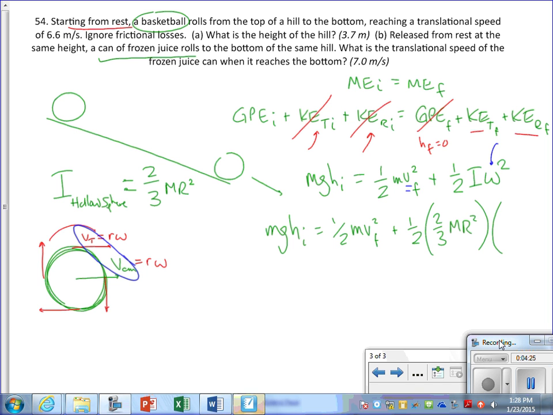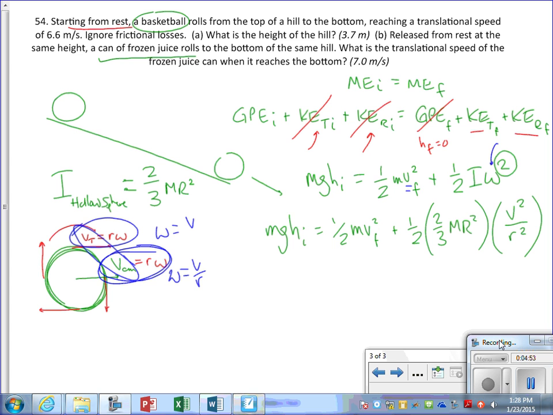So we can write omega as V center of mass over R. Omega is V over R. Now it's omega squared, so I'm just going to square both of these.